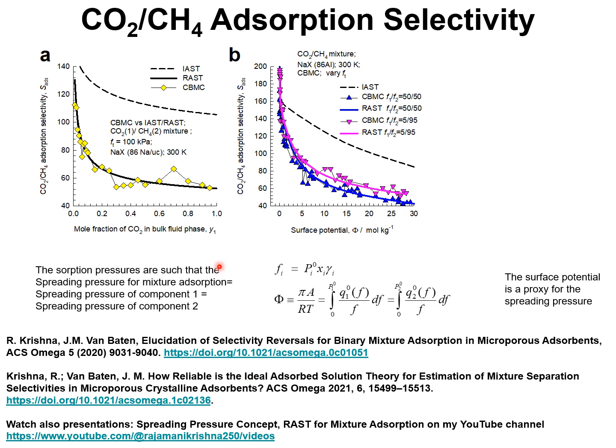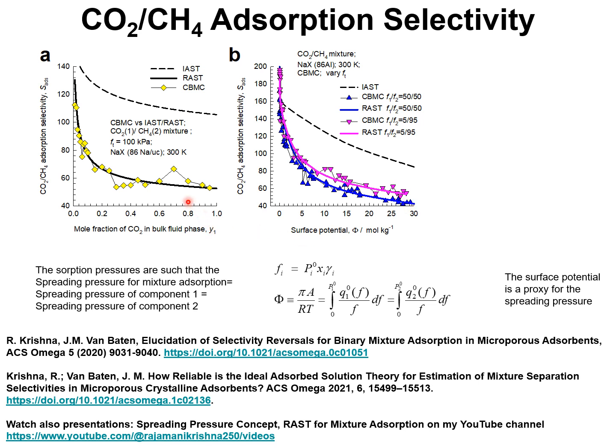Due to congregation of CO2 around the extra framework cations, the IAST estimates of the adsorption selectivity for CO2 methane mixtures is significantly higher than those determined from configurational bias Monte Carlo simulations that are indicated by the symbols.